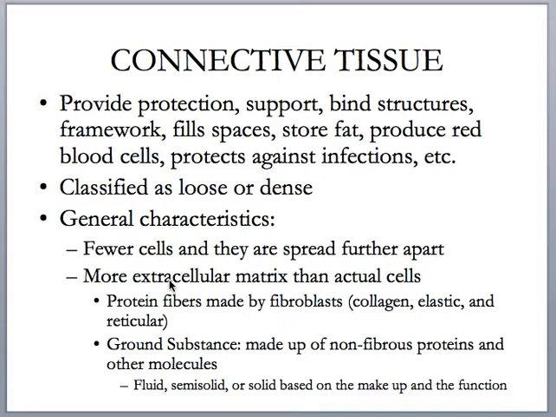And in that extracellular matrix, we'll have things like protein fibers, which are primarily made by fibroblasts. If you ever see the suffix blast, it's referring to a young cell that is active. Fibro meaning it's a cell that's actively producing protein fibers that will go to the extracellular matrix.